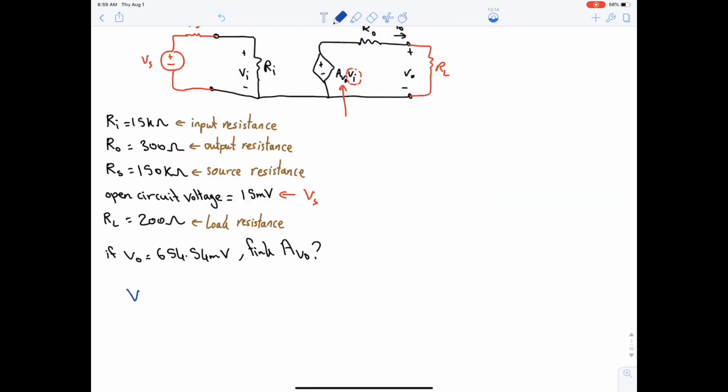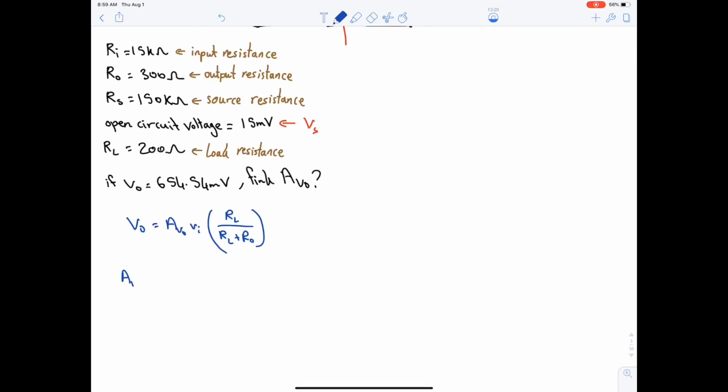So we will say V output is equal to AV naught VI multiplied by RL over RL plus RO. So AV naught is V output divided by VI, times RL plus RO over RL. Now you just plug in the values.